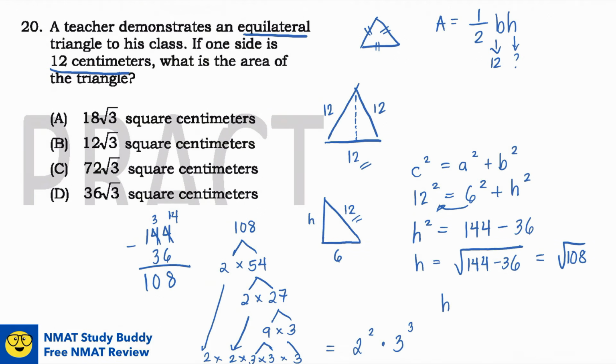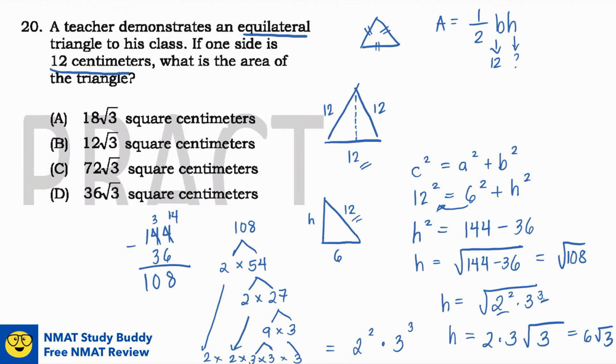So, yung height natin is equal to square root ng 2 squared times 3 raised to 3. Pwede na natin ilabas yung 2, and since 3 raised to 3, pwede na rin natin i-factor out yung 3, and then may matitirang 3 sa loob. So, yung answer dito is 6 square root of 3.